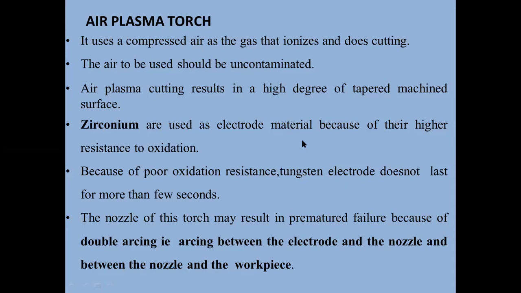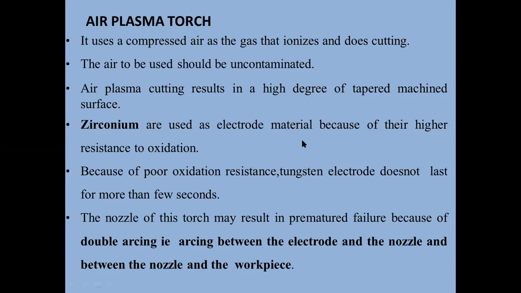The nozzle of this torch may result in premature failure because of double arcing. This is the major disadvantage of the air plasma torch. Premature failure means, suppose the nozzle has to last for 1 hour, and it fails after 45 minutes.